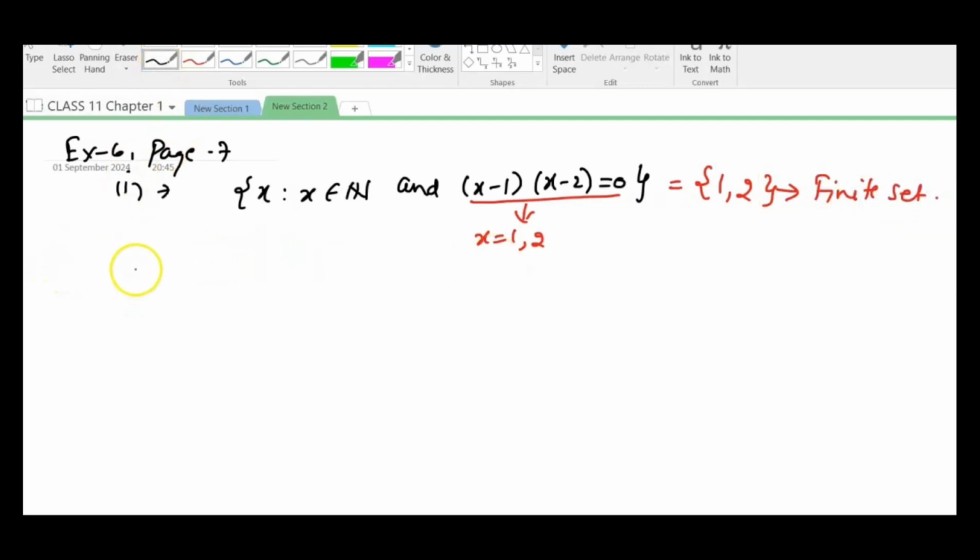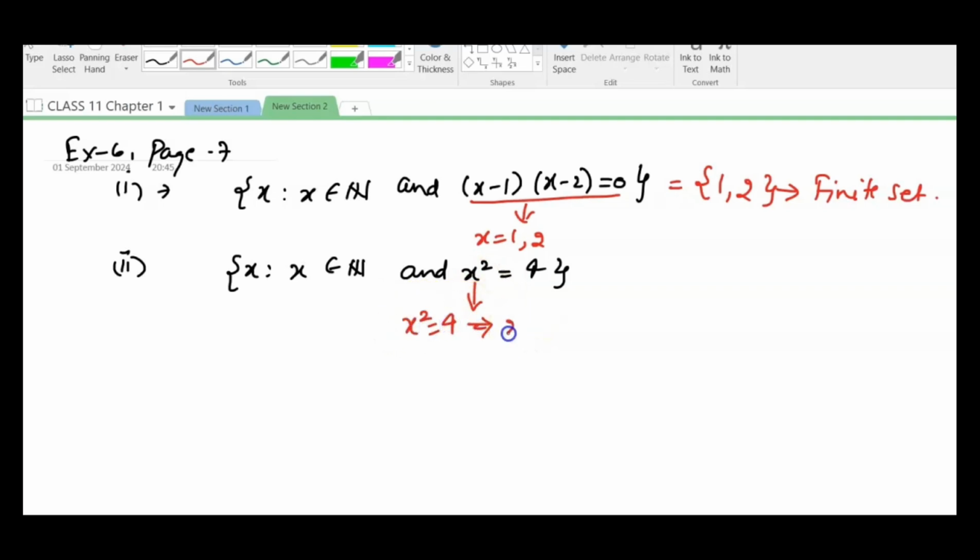Now let's see the second example. x such that x is a natural number and x squared is equal to 4. Now, if you solve just this equation, x squared is equal to 4, then we will get x is equal to plus minus 2.